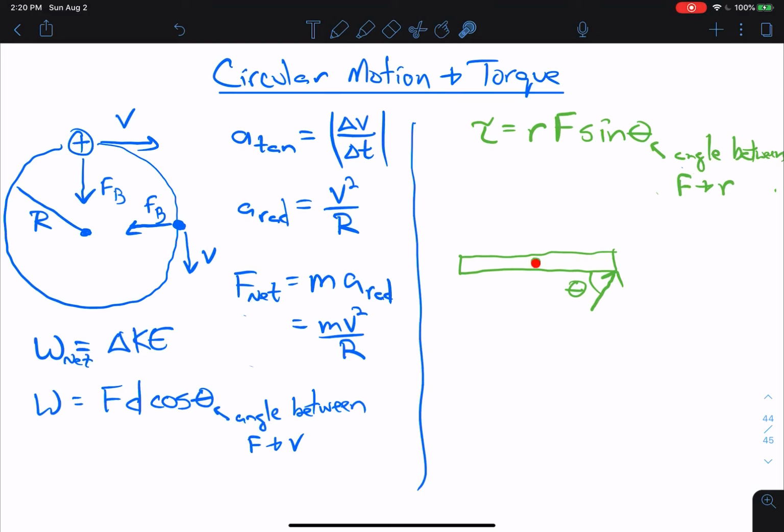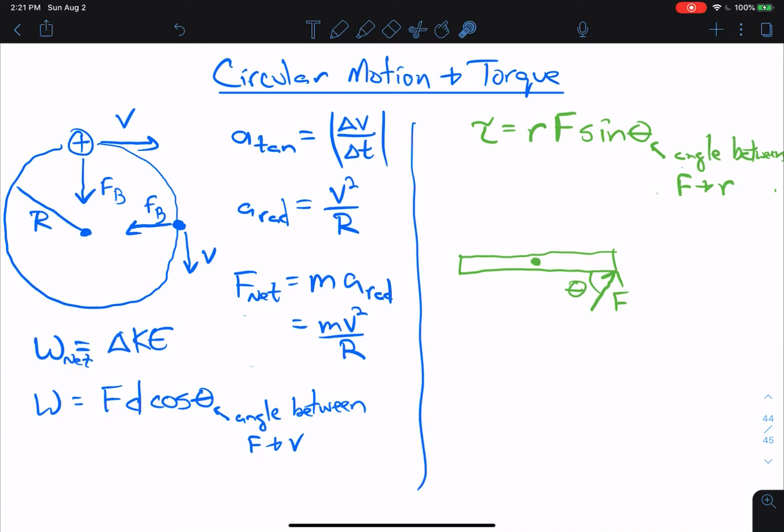The lever is horizontal. So theta is the angle between the force and the lever. And I should label the force there. And that's all there is to it.